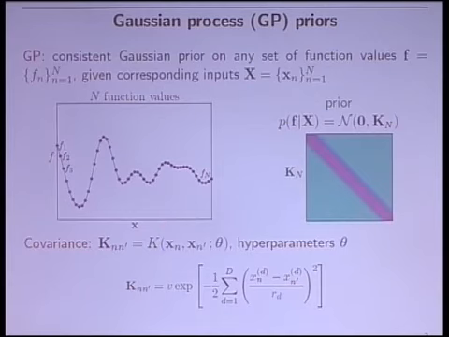For example, you might use a Gaussian covariance function like this, which just says that correlations drop off as two points become increasingly separated. That generates this type of covariance matrix and gives you very smooth functions. But there are many other choices there. Typically, they're governed by a small set of hyperparameters. For example, here we have a length scale for each of the input features 1 to D.